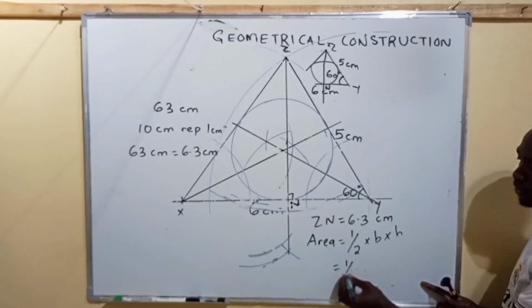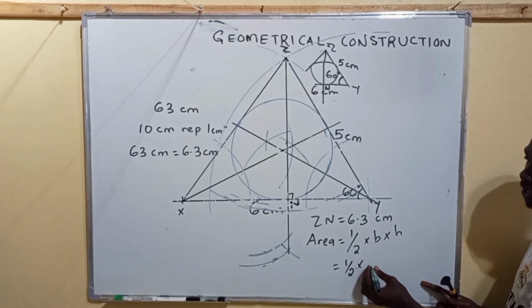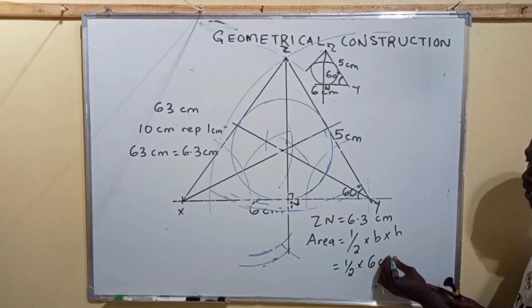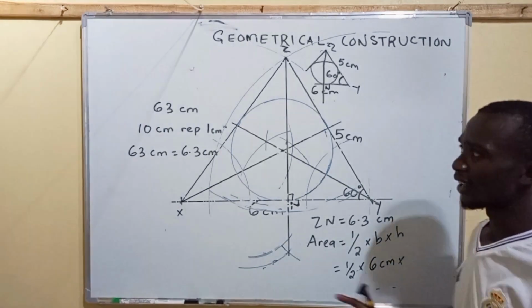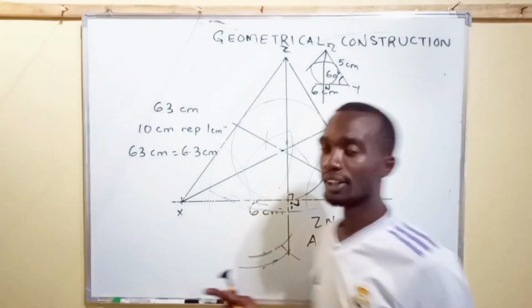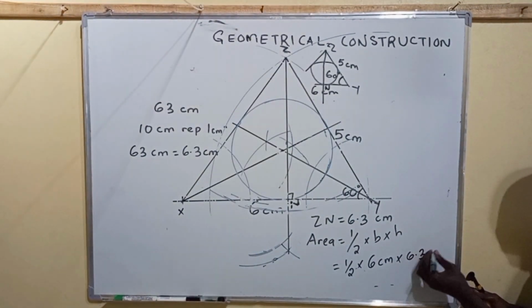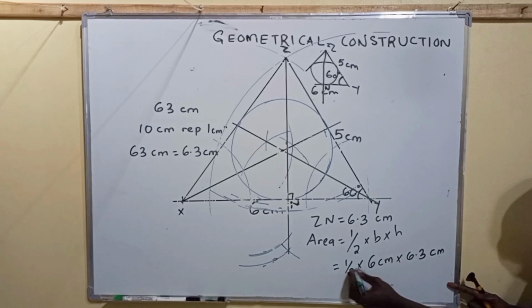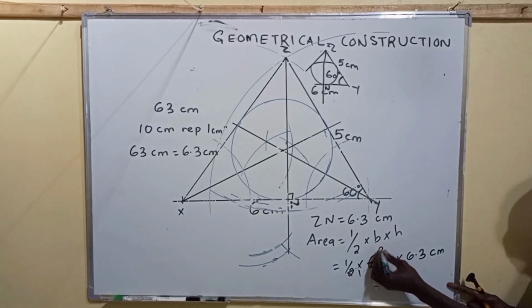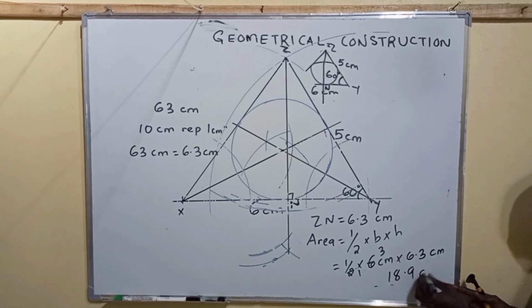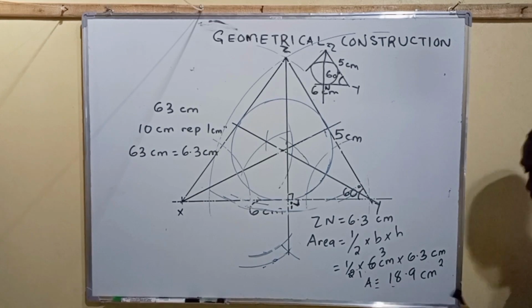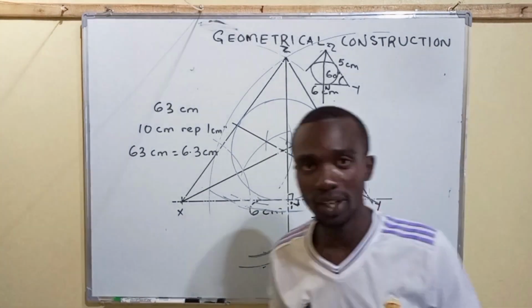So it is a half times 6 centimeters, multiplied by the height. The height is length ZN, which is 6.3 centimeters. 1 by 2, 3. 3 times 6.3 gives you 18.9 centimeters squared. So the area of the triangle is equal to 18.9 centimeters squared.